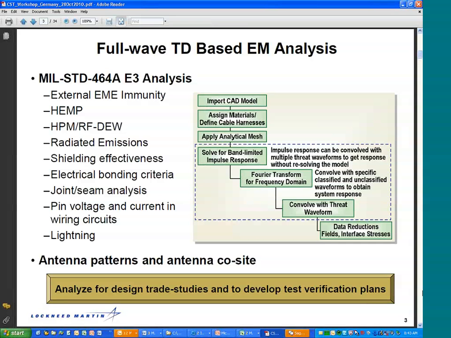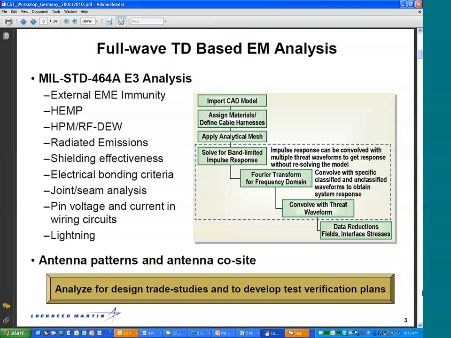It is not really represented in the model. And you are able to solve with the time domain simulation tools the band-limited impulse response, look at the Fourier transform, and actually convolve with specific threats such as lightning, and do various data reductions and calculate fields and pin voltages and such that are important to your system.